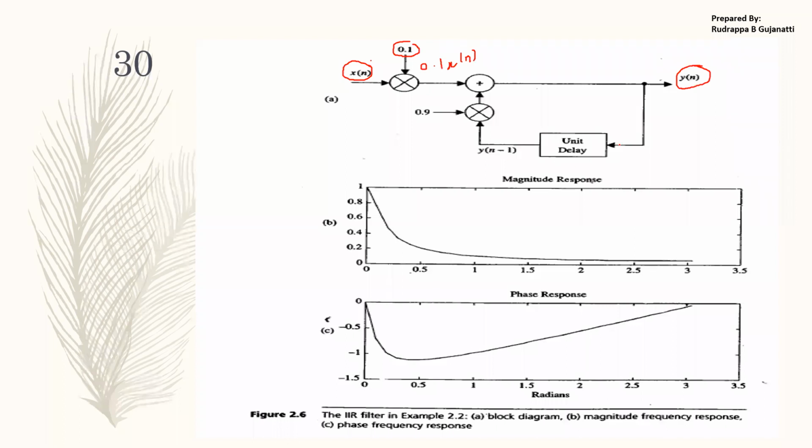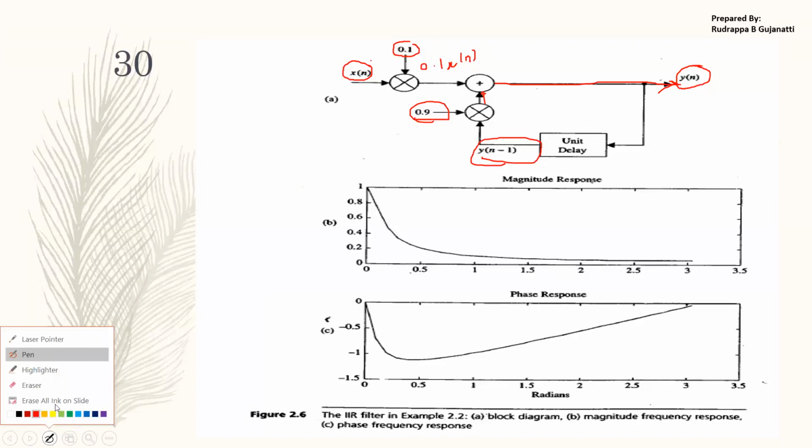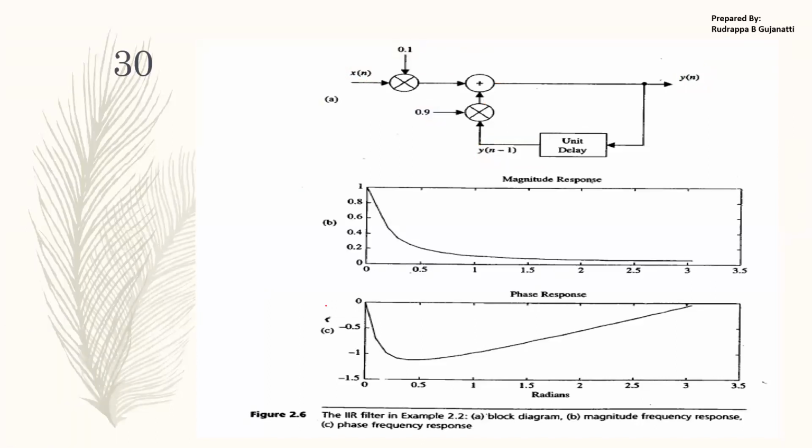When I pass it through a unit delay, I'll be getting y of n minus 1. y of n minus 1 has to be multiplied with a factor of 0.9 and then added. So when I add it, I'll be getting the overall response of the IIR filter. So this is with respect to the IIR filter, its magnitude and the phase response.